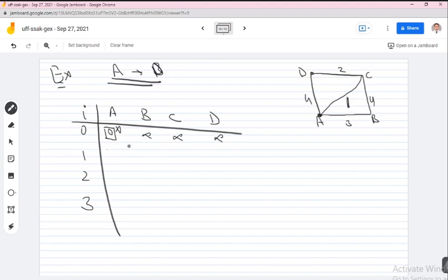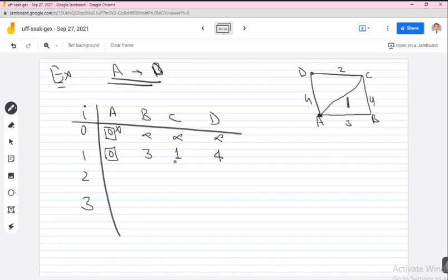What are the nearest points? B, C, and D. B is 3, C is 1 and D is 4.